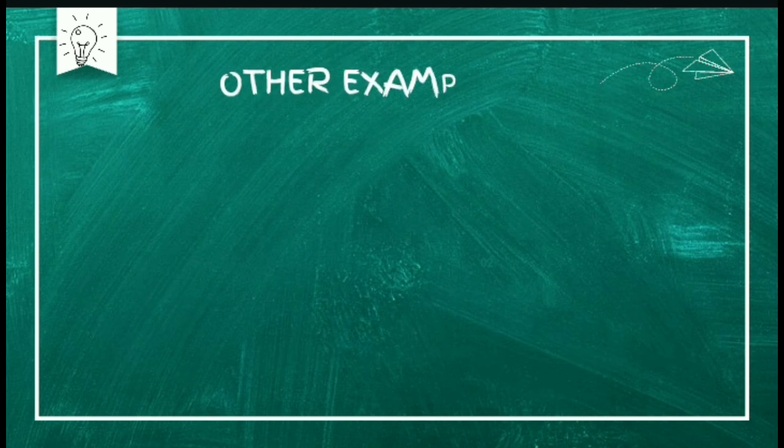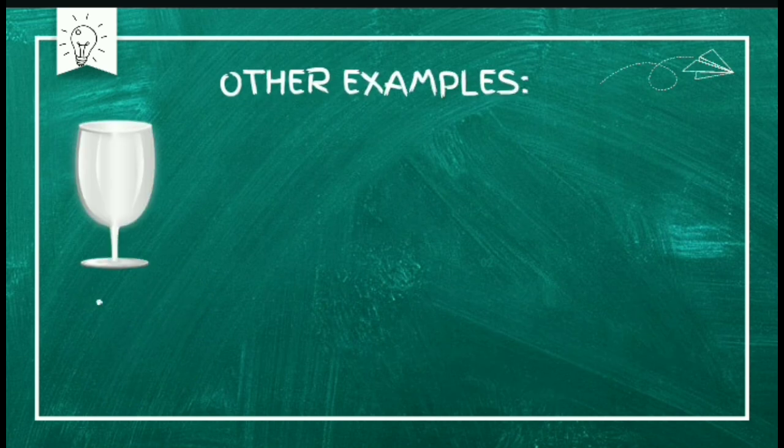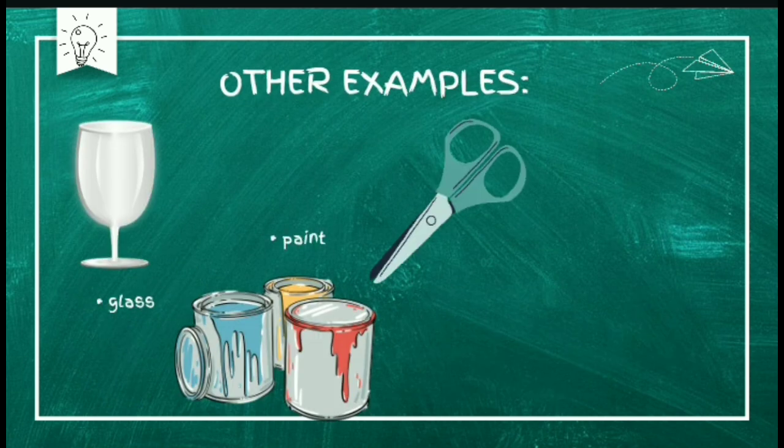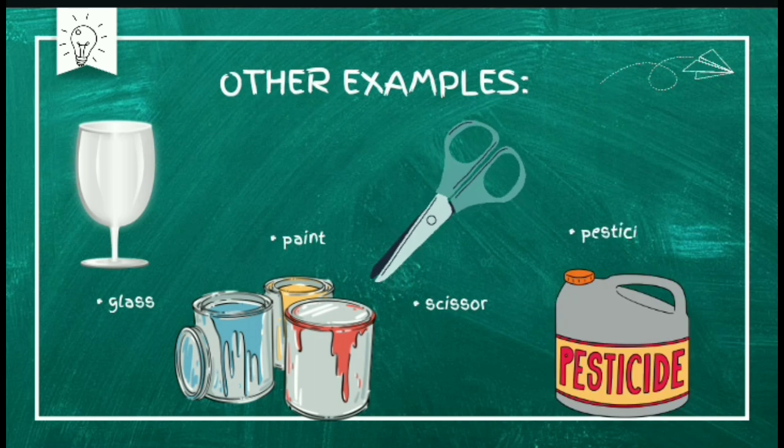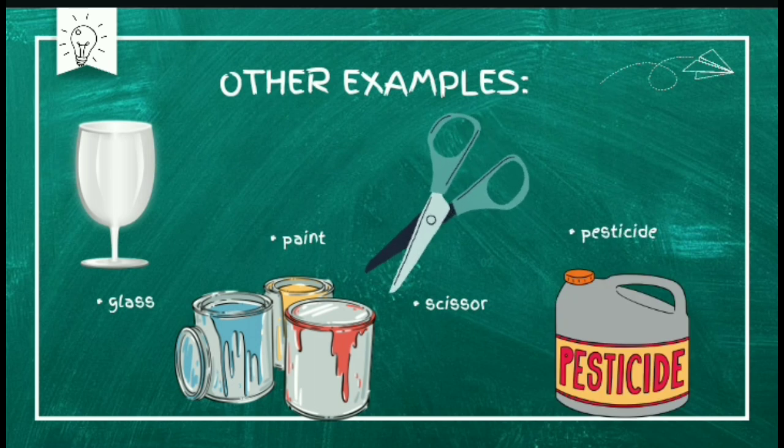Other examples of harmful materials include glass, paint, scissors, and pesticides. Materials like this can cause harm if mishandled, leading to injuries, poisoning, or environmental damage.